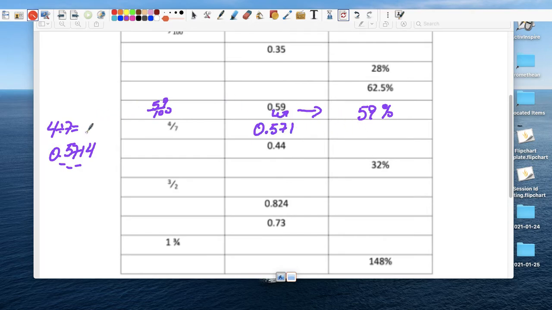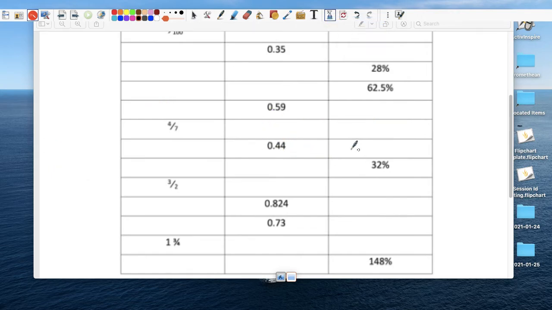Okay, so aquí vamos a usar tres números. Lo vamos a cortar aquí. So 0.571, and then we're gonna change this to percent. Vamos a mover esto dos veces, 1 y 2. Se va a quedar 57.1%. Okay, we'll talk about a little bit more about that later.